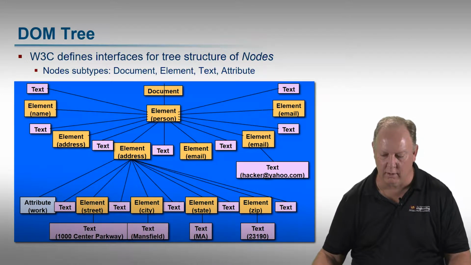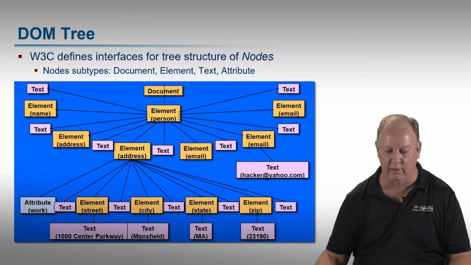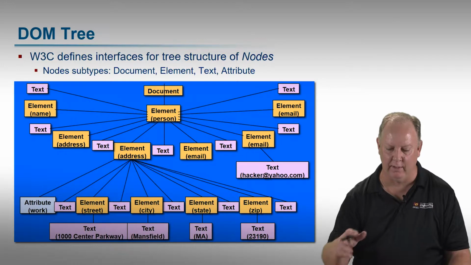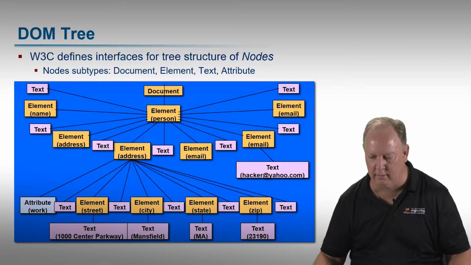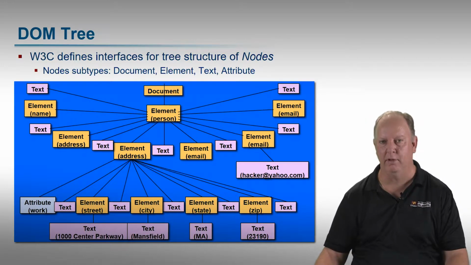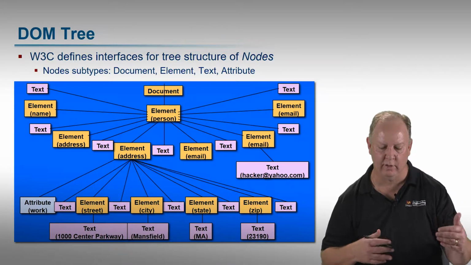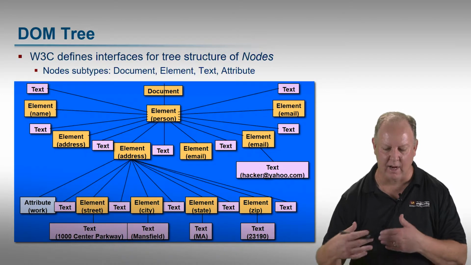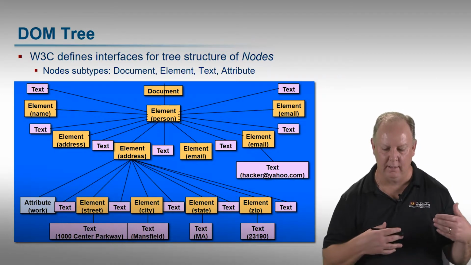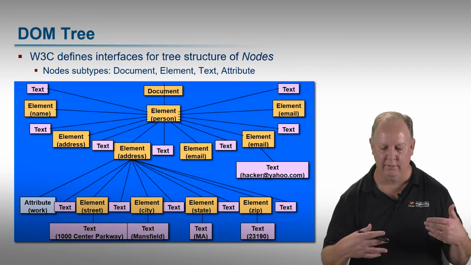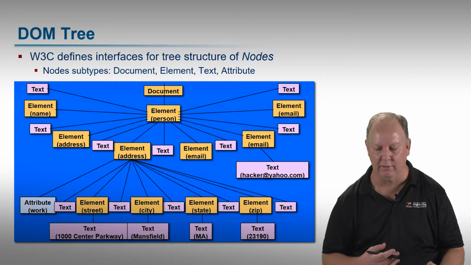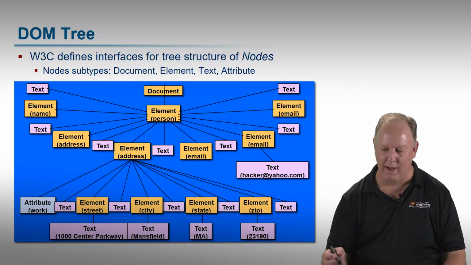We saw before in other modules, I was drawing this tree structure, right? And in fact, we had a different looking tree in one of our other notes up above. The tree structure is referred to as the document object model, and that W3C standard defines those seven different types of nodes we talked about before, and the common ones, right?